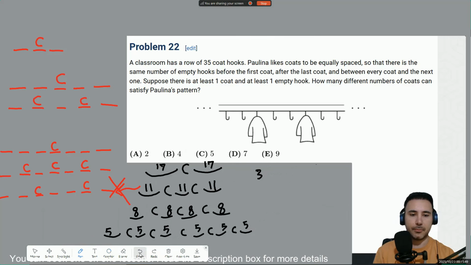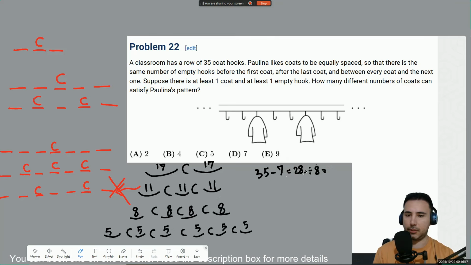Whoa, what is the next number? So 35 minus 6 is 29. 29 is prime. I'm not going to bother with that. So how about 35 minus 7, 28. So I'm going to have 8 spaces. It will work, right?